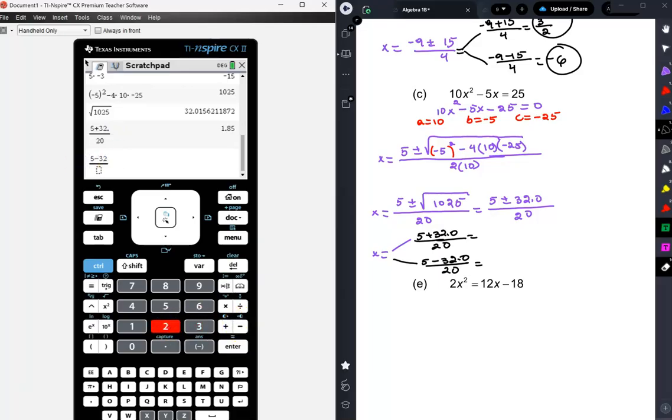Now look, since it's 32.0, I don't have to do the 0.0 over 20. So I get, ooh, how do I make that into a decimal? Control Enter. Okay?